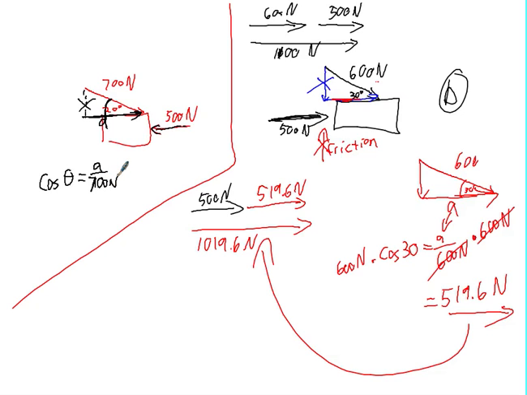Since our angle is 20 degrees, cosine of 20 equals the adjacent, this guy we're looking for, divided by 700. So we multiply by 700 newtons, cross those out, and we have 700 times the cosine of 20 equals A.